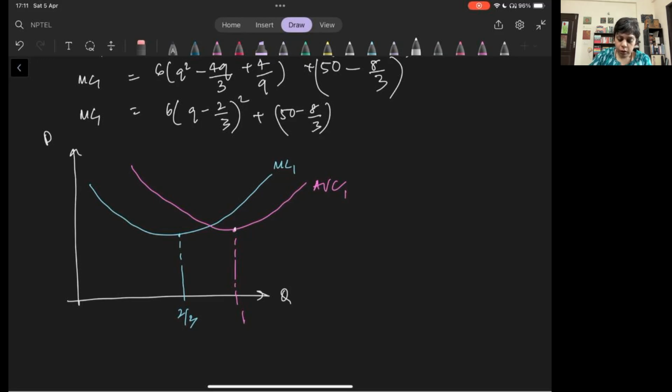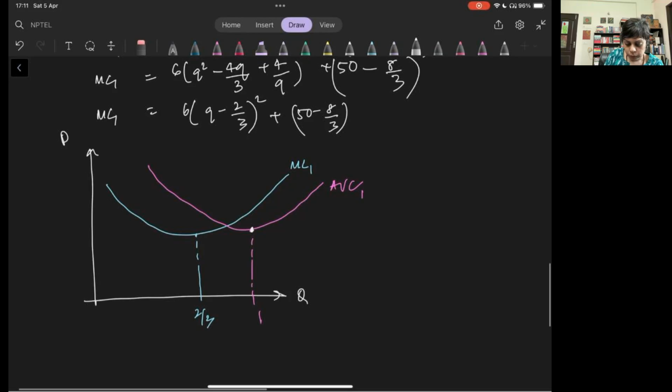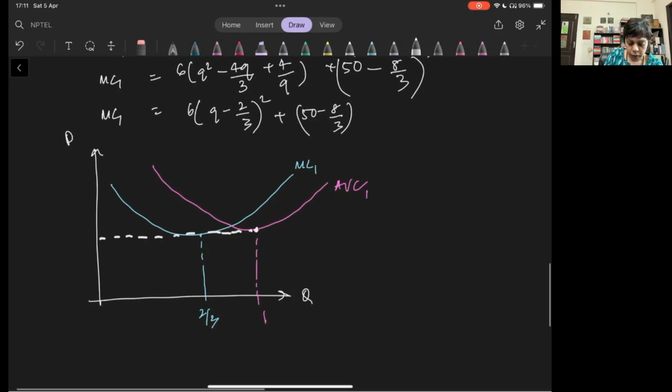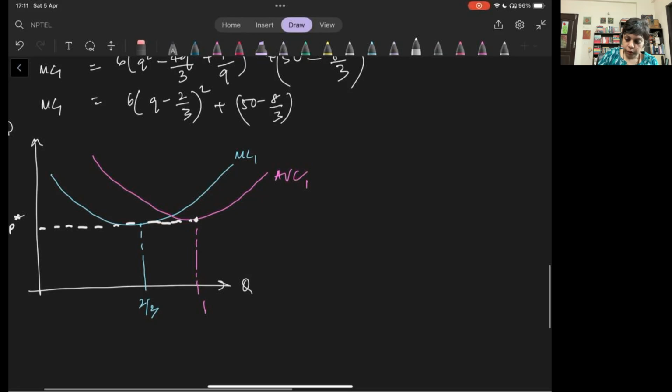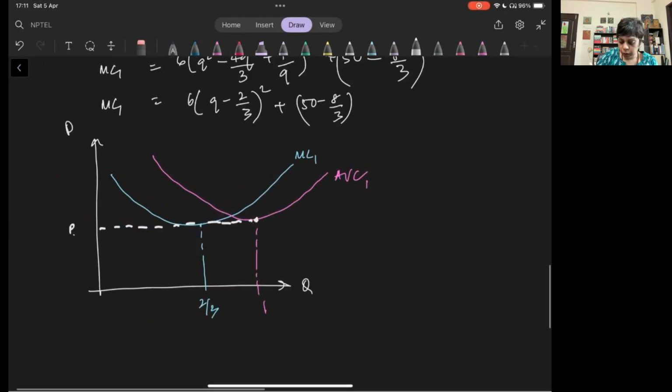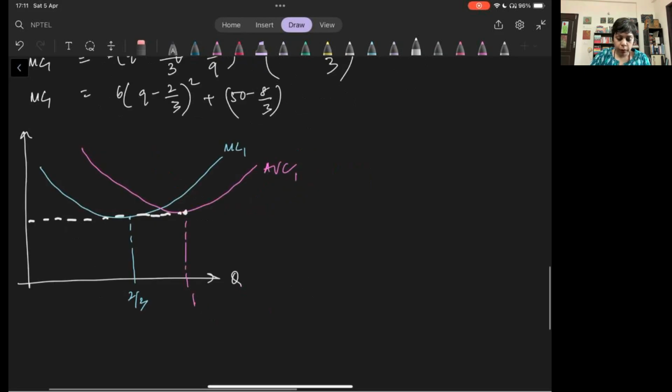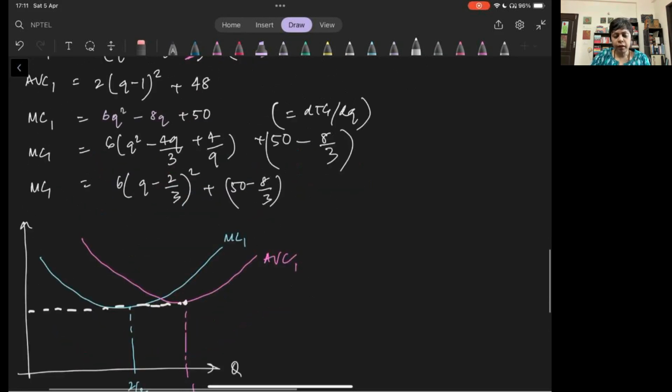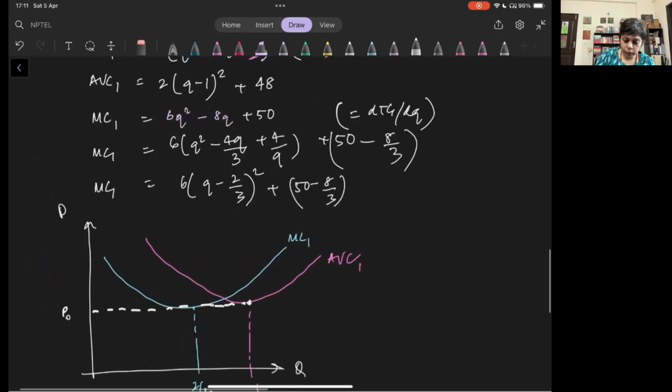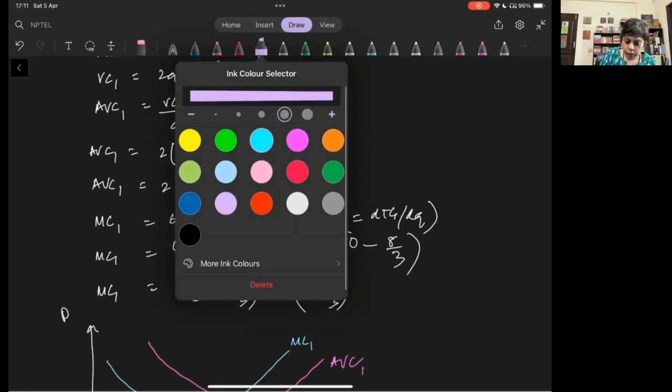Here we have to find what this value is going to be. This point, it's a very broken line. Let's call this P naught. Let's not call it P star because we're trying to derive the supply function. So P naught is this value. What is that value going to be? This is Q equal to 1, meaning average variable cost is equal to this expression.